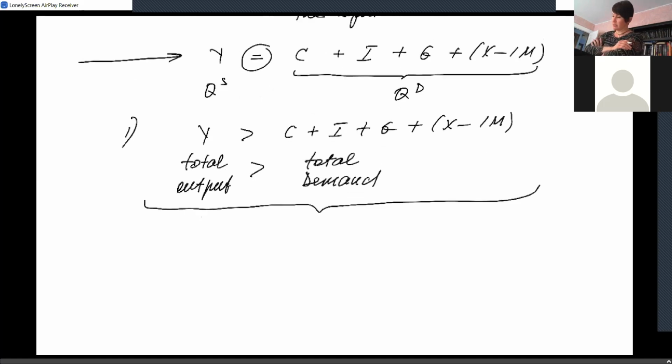Where does it take us? Well, here's an example, okay? Let's have a mental picture so we could better understand where this condition leads us. When total output exceeds total demand, it means the following. Let's say you're managing a department store, something like Walmart.